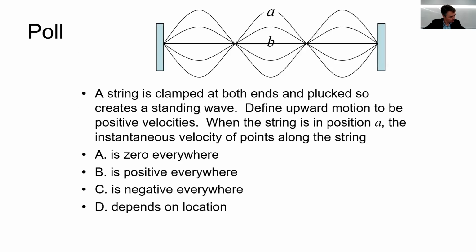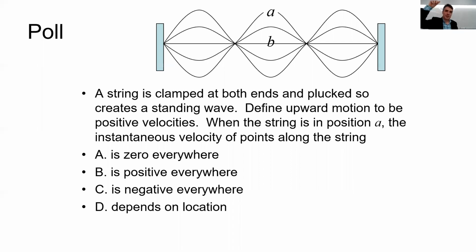Yeah, there's the poll here. So a string is clamped at both ends, and it's in the third harmonic. So it's a standing wave in the third harmonic. And I've labeled little lowercase a and lowercase b as 2 places you could look at on that standing wave, shown multiple times, at 2 different instants of time. So let's think about the instantaneous velocity of points on the string, which remember are oscillating in simple harmonic motion.